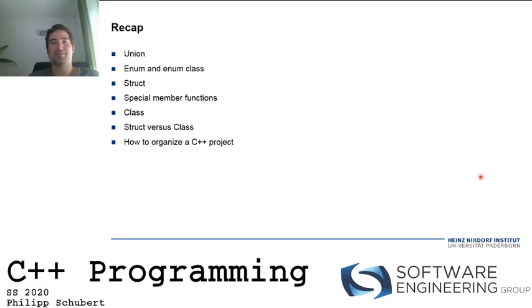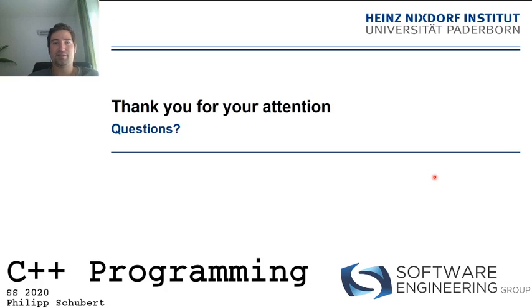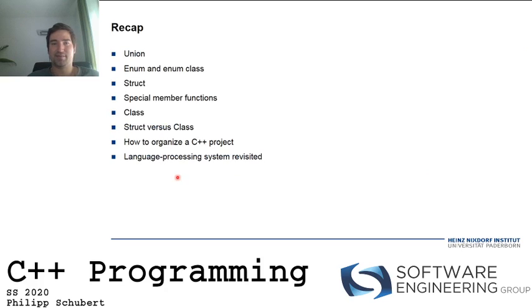We covered how to organize a C++ project, and at the very end we revisited language processing systems, in terms of linker and compiler and who is responsible for what, and eventually also AST-based, compiler-based tools like Clang Format and Clang Tidy, for which I will provide some descriptions.